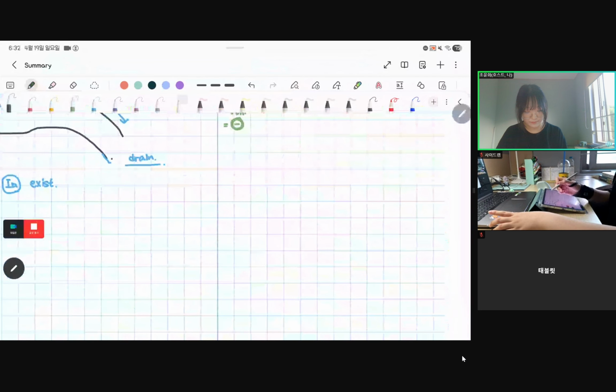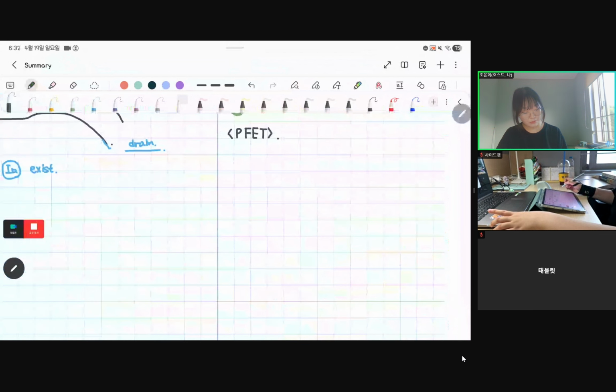So in the pinch-off case, we can draw the ID-VD characteristic like this. This is ID-VD. We can draw it like this.